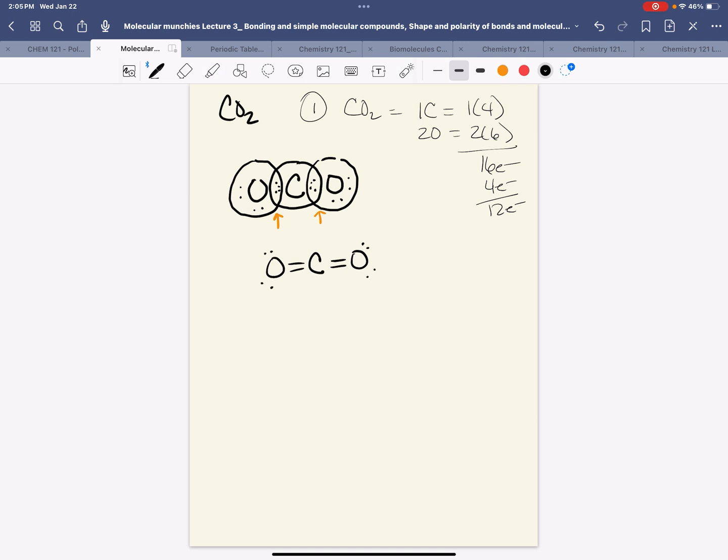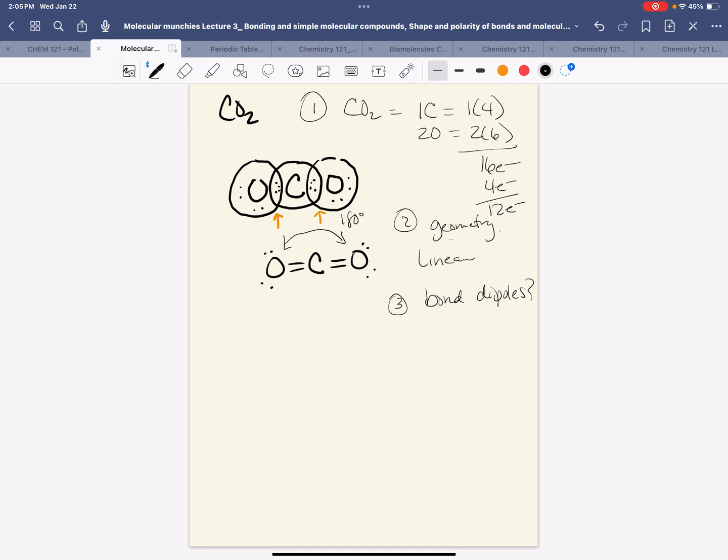So that's the Lewis structure. The second thing I ask you to think about is the geometry, the shape of the molecule. So you might notice that this is a linear molecule, and that means that this angle between them is 180 degrees. Okay. Third thing is to note bond dipoles.